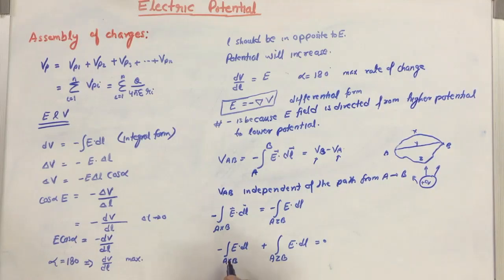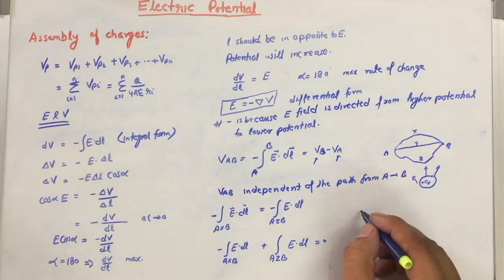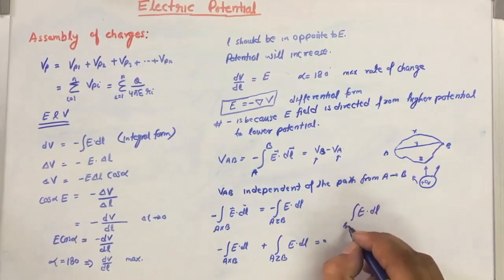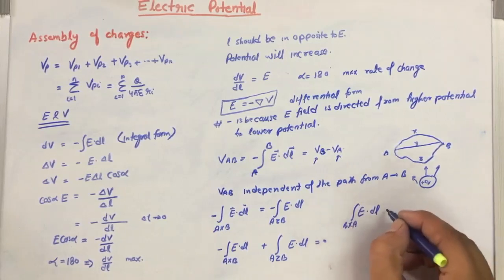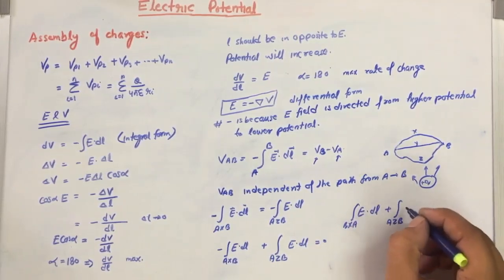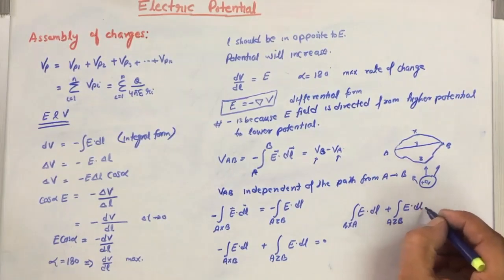So if we are moving from A to B, then AXB will be there. If we are moving from B to A, then BXA should be there, and the sign of this will be reversed. So following that, we can say E dot dl from BXA plus AZB E dot dl will be equal to 0.